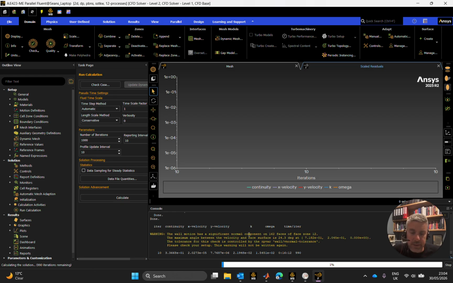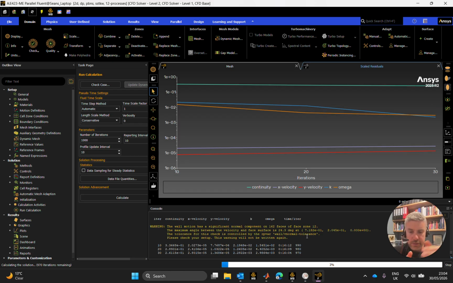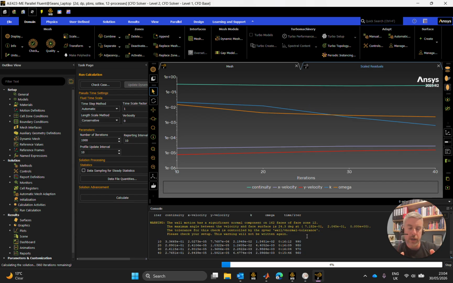The wall motion has a significant normal component, 162 faces. We're going to see there, that's just a warning, it's not an error. That's more than likely where our tire wall has come down onto the track surface and we have a lot of pinching in there. And that's just trying to pick up that motion. So that motion is coming around. If you recall, we squished that wheel down into the track.